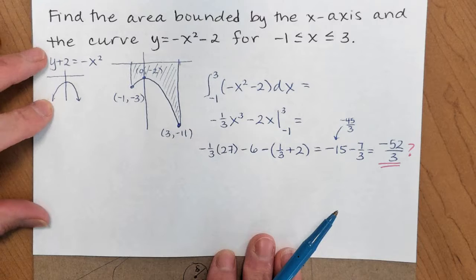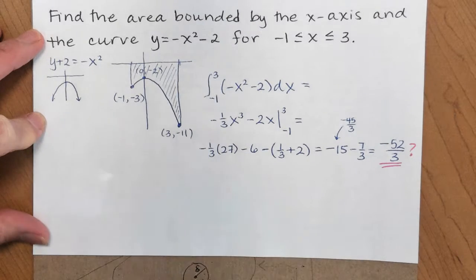What's going on is the integral only finds the area bounded by the curve and the x-axis if the curve is above the x-axis. If the curve is below the x-axis, then the integral finds the negative of the area.